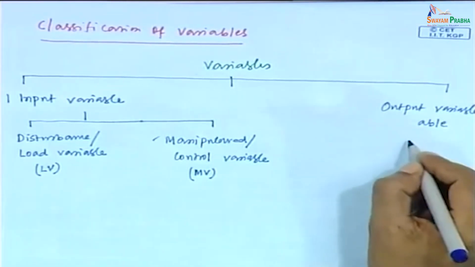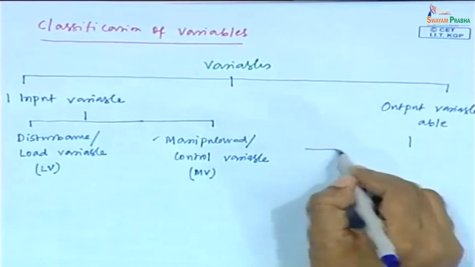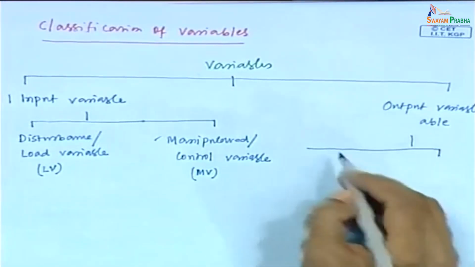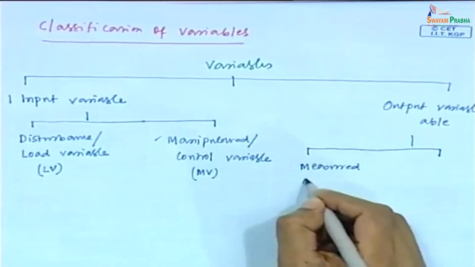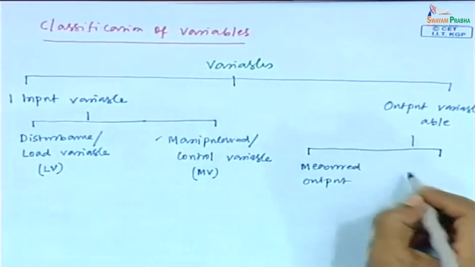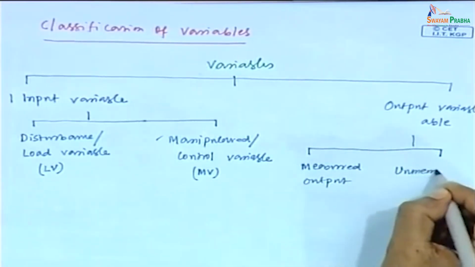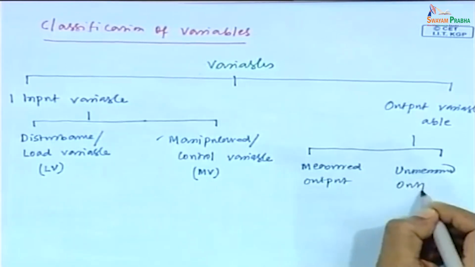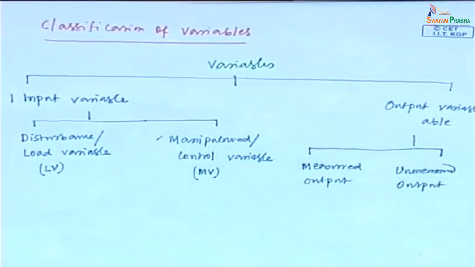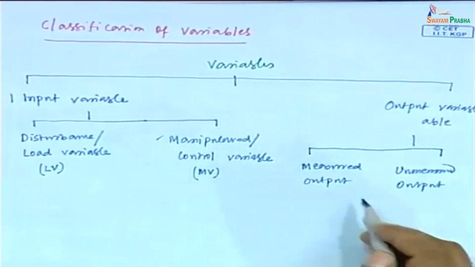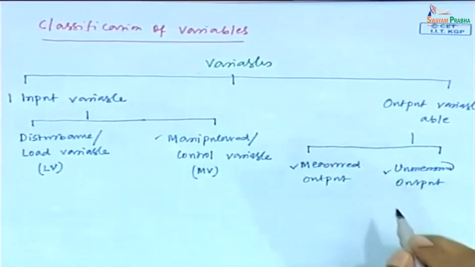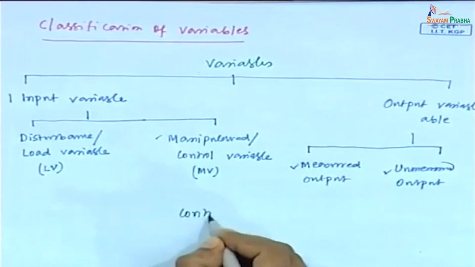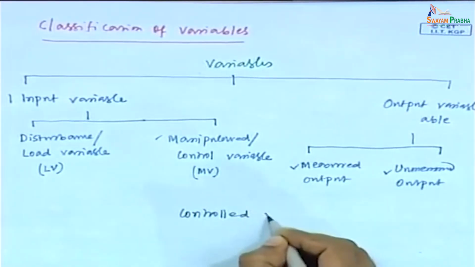Similarly, output variable is again of two types: one is measured output and the second one is unmeasured output. Another variable is also used, that is the controlled variable.